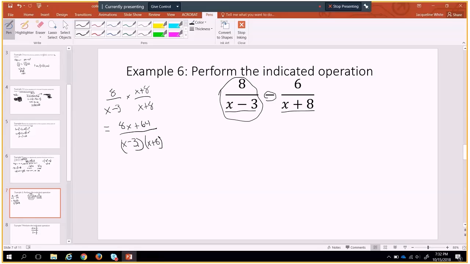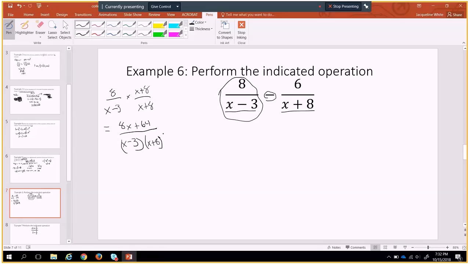Keep the denominator in factored form, because when you get into a simplified version of this, you might get a little bit confused because there's a lot of numbers going around. So just keep the denominator in factored form for now, right?